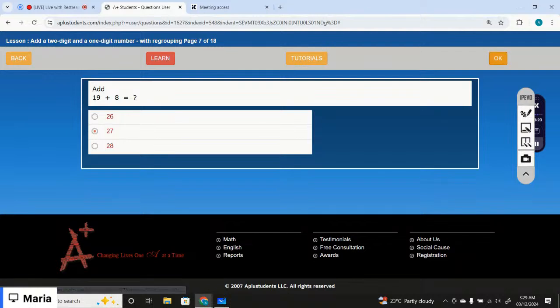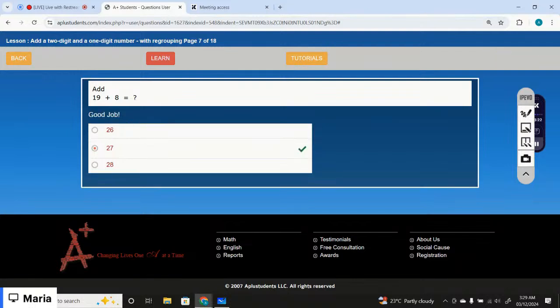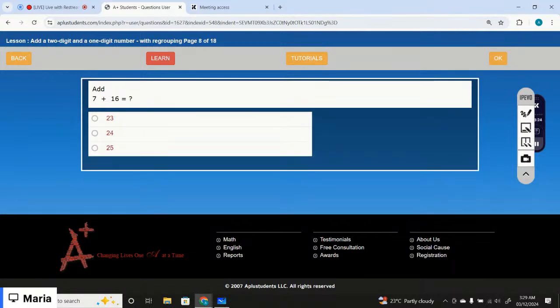Option number 2 is the correct option. 16 plus 7, which is the correct option?